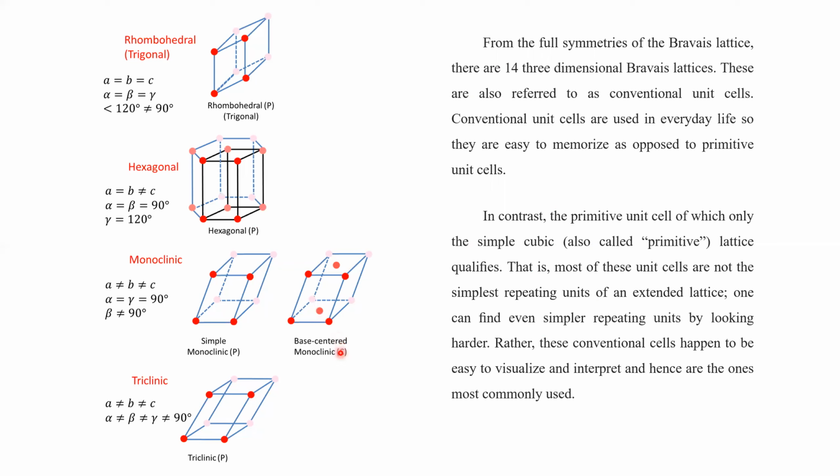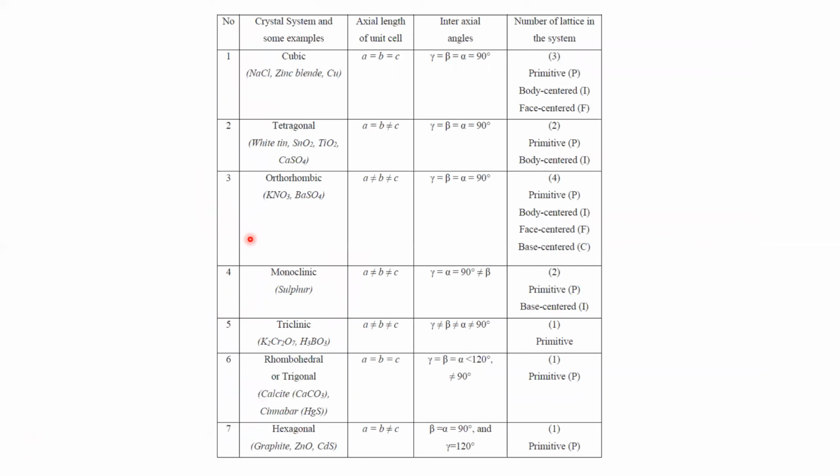So this is labeled as C. So this one we have 2. When we count them all, we have 14 Bravais lattices. These are some examples of materials, and on the right side are the crystal structures.